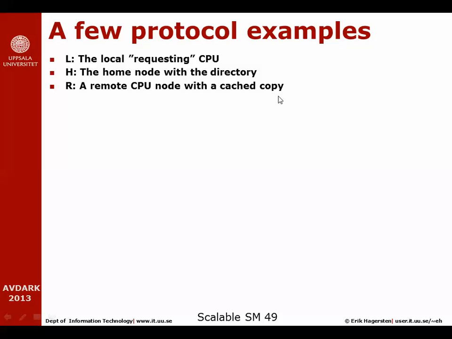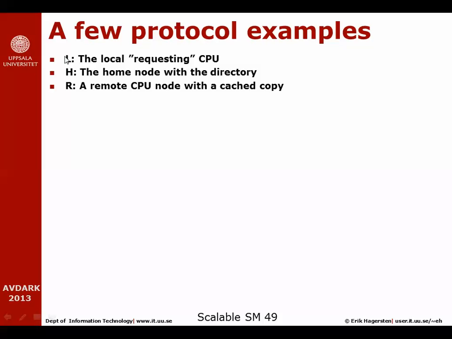We're going to look at a few examples of how you can implement the protocol. Looking at directory protocols at a high level is much harder than looking at Snoopy-based protocols at a high level. So what we'll do here is look at a few cases, and for each case we're going to see what action the local node would take.